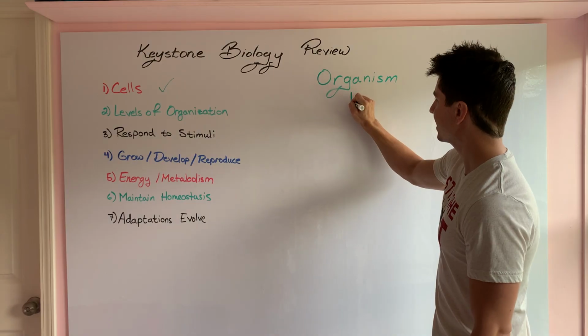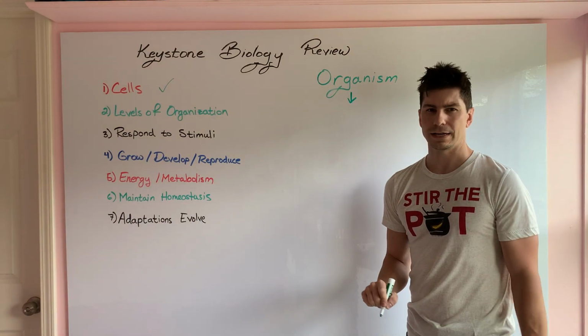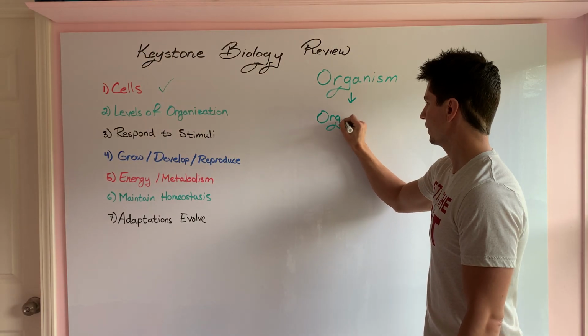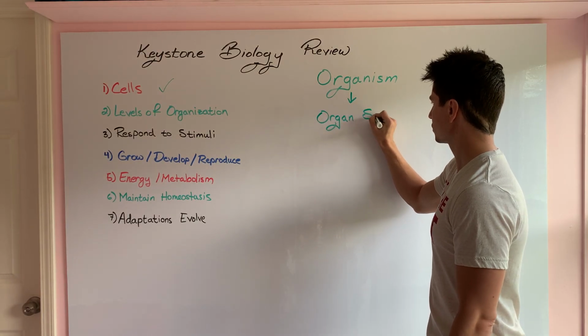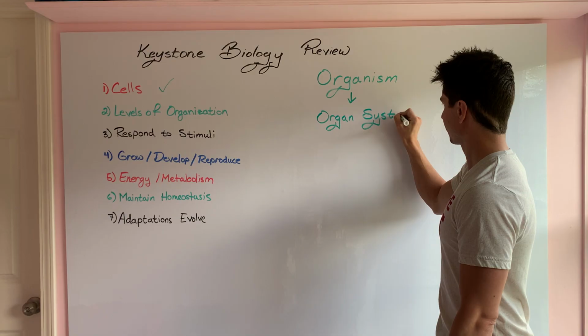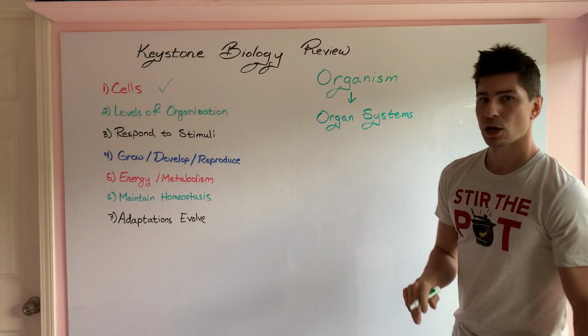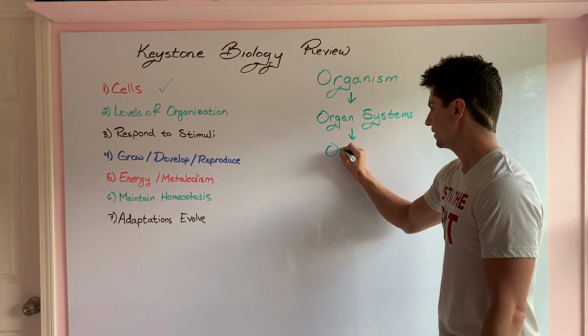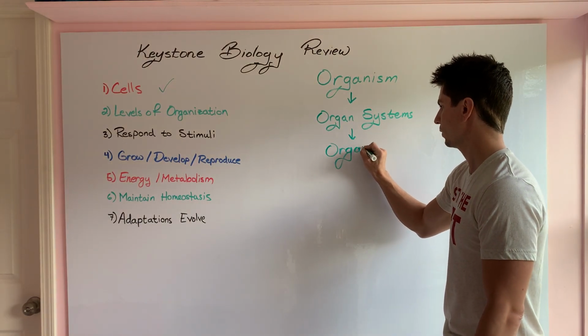If we wanted to break us down into parts, we would first break us down into organ systems. Okay? Organ systems would break down into organs. We have all our individual organs.